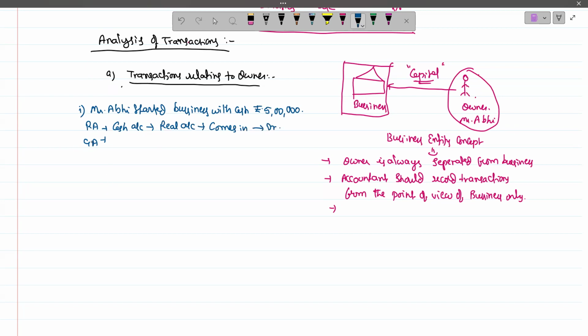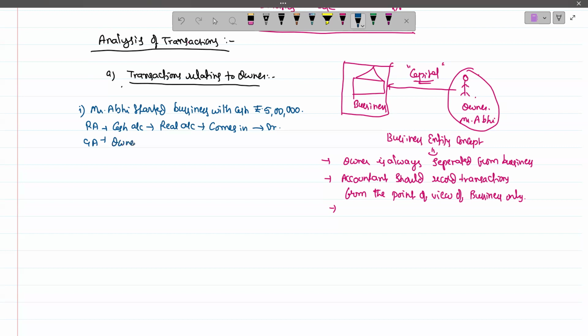And what is the giving aspect? There is no giving aspect by the business to an outsider or to the owner. Remember, if the giving aspect is missed in the transaction, then think about who is the giver. If the receiving aspect is missed, then think about who is the receiver. Here there is no giving aspect, so who is the giver?